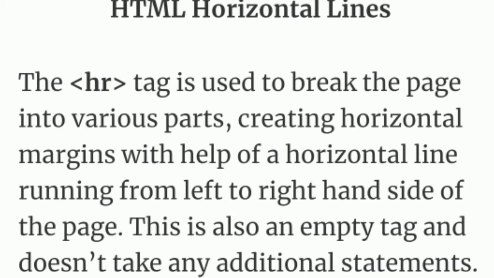Now see the expected program output, just like you can give the HR horizontal lines. What that output is given, see, the output is just like: a computer science portal for geeks, repeated several times.